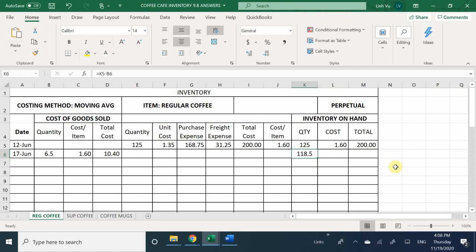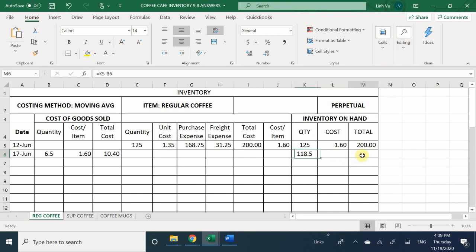So you're going to click on the 125, then a minus sign. And then we're going to click on our quantity on the next line below and hit equal, the 6.5. Got it. So right now I have the 118.5, same as you. Okay, good.